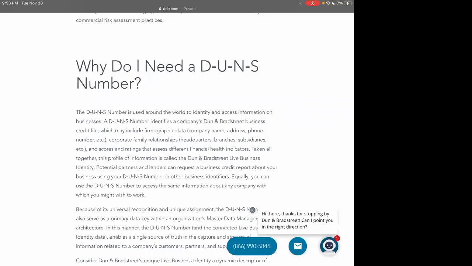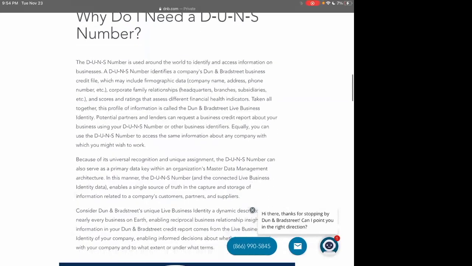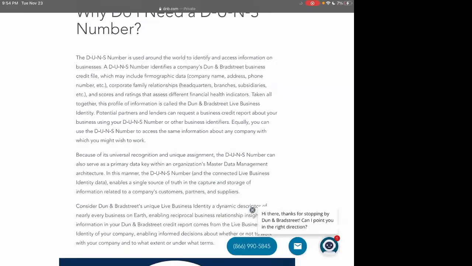Potential partners and lenders can request a business credit report about your business using your D-U-N-S number or other business identifiers. Equally, you can use a D-U-N-S number to access the same information about any company with which you might wish to work. Because it is a universal recognition and unique assignment, the D-U-N-S number can also serve as a primary data point within an organization's master data management architecture.